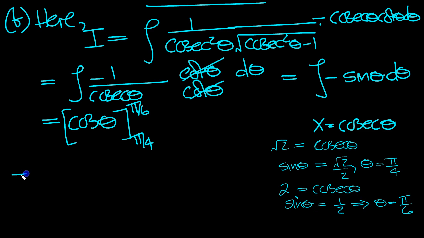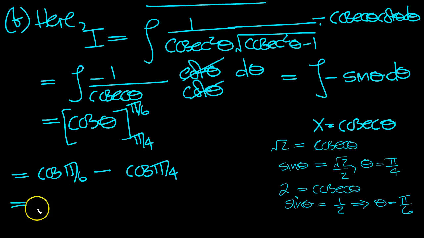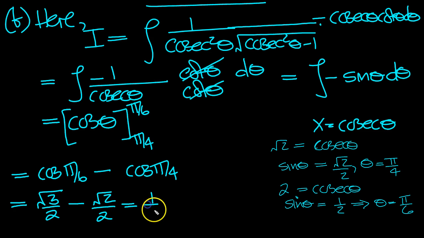Okay, good. So that's equal to cos pi over 6 minus cosine pi over 4, which equals cos of 30 is root 3 over 2 minus root 2 over 2, which is equal to a half root 3 minus root 2 if we want.